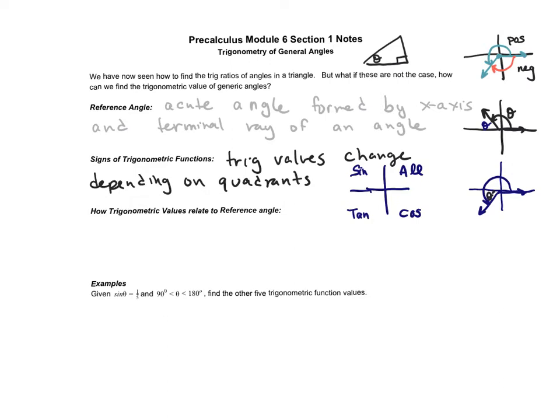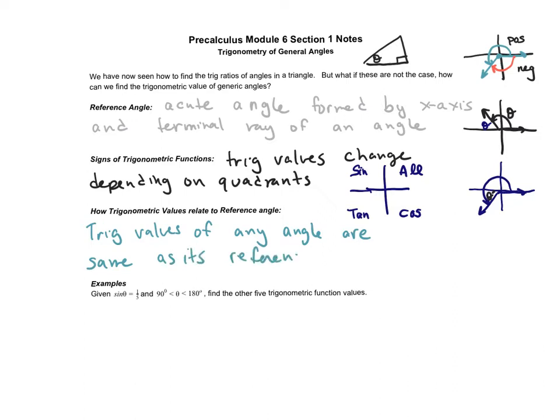Now, all this will be sorted out when we look at how we actually find these values. So it's not imperative that you know this right now. How we actually will figure it out is that the trigonometric values of any angle are related to their reference angle. This is kind of the most important thing we've seen yet. The trig values of any angle are the same as its reference angle.